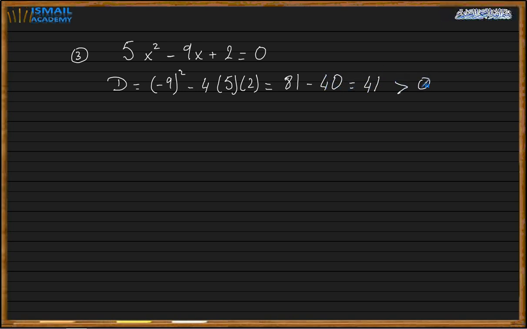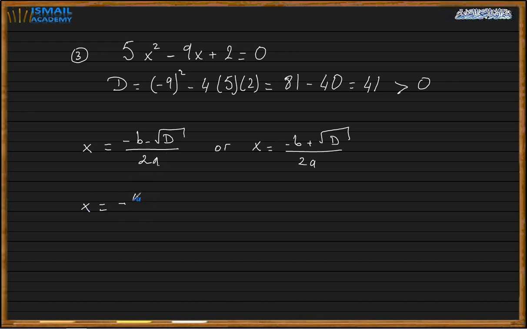That is greater than 0. When it's greater than 0, I'm going to use the two-solution type. We have x equals minus b minus square root of the discriminant over twice a, and x equals minus b plus square root of the discriminant over 2a. I know my b, my a, and my discriminant, so I just need to substitute.